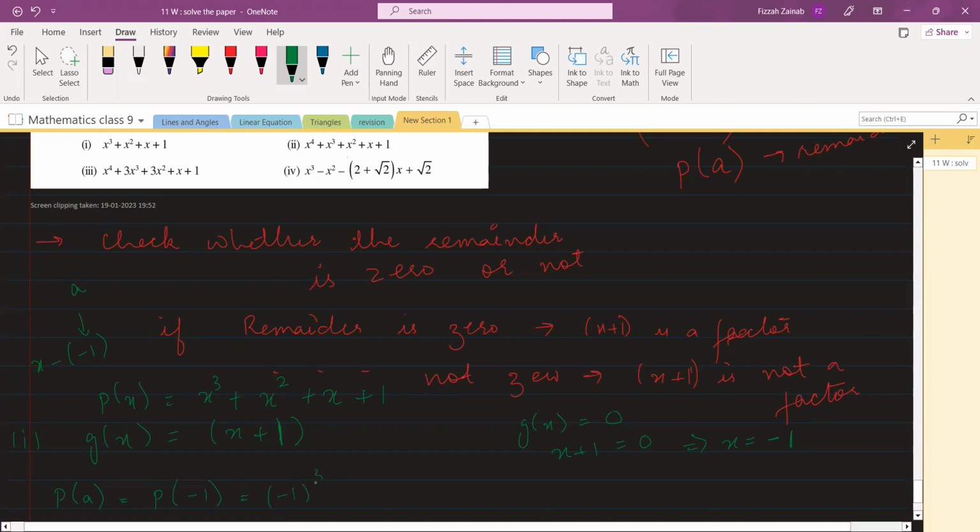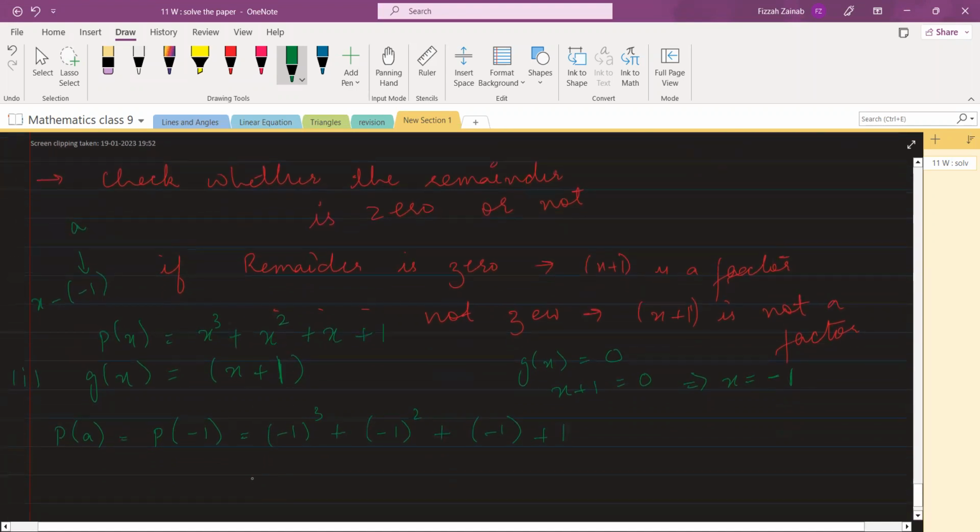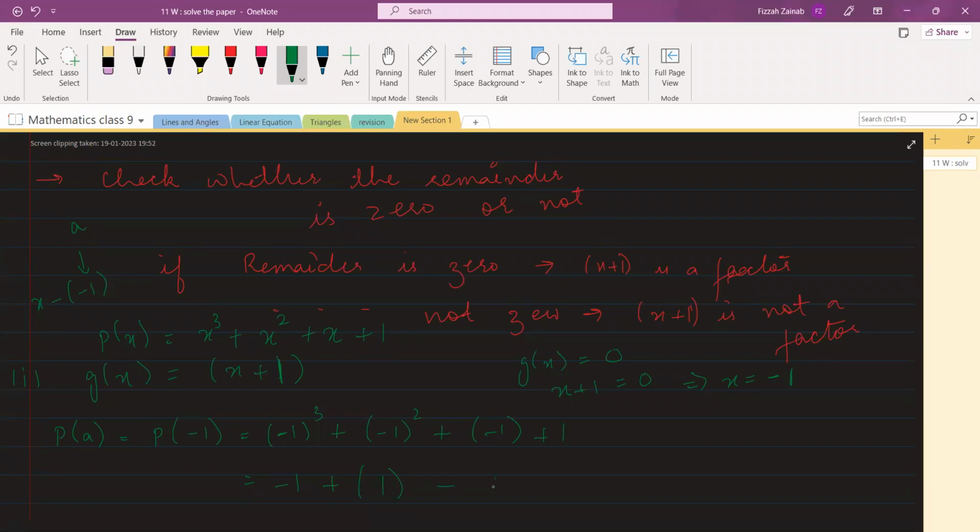So minus 1 whole cube plus minus 1 whole square plus minus 1 plus 1. So odd power, so minus 1, right? Plus, now even power, it will become 1. Now plus minus, minus 1 and then plus 1.